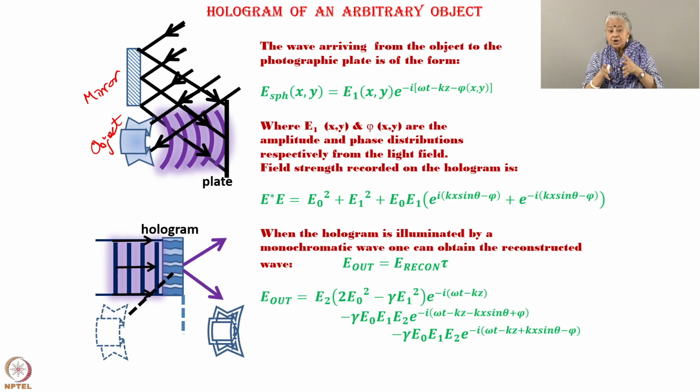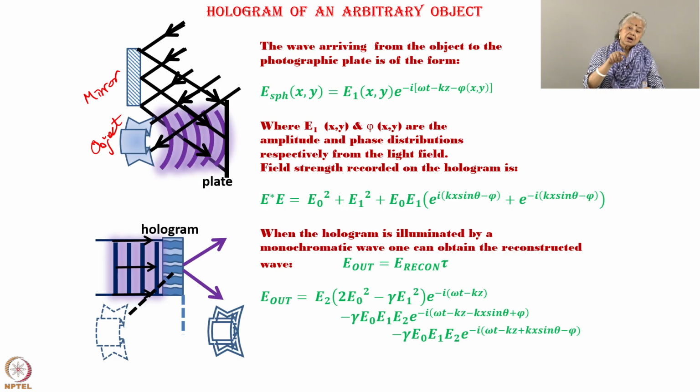And now that you are reconstructing it, in the recording part, both the waves from the object and from the reference wave have to be coherent, no doubt, spatially coherent and temporally coherent. So, it is better that they come from the same light, having the same frequency.